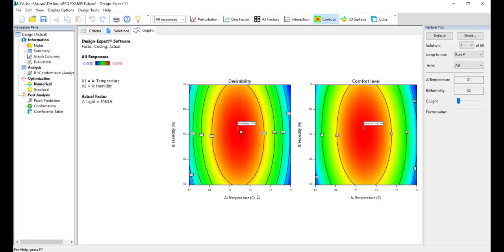Here you can see how temperature and humidity change, desirability, and the contour plot for the optimized value. The software suggests that the comfort level by the first solution will be 9.4 something. The second will be like this, changed just a small amount.